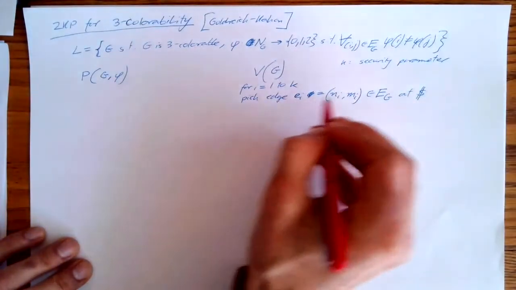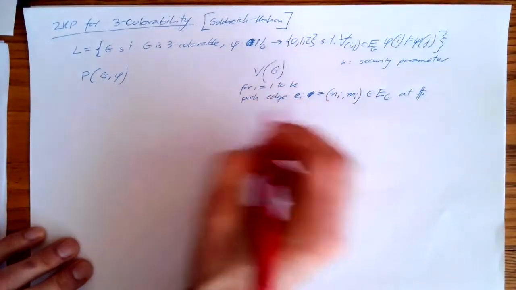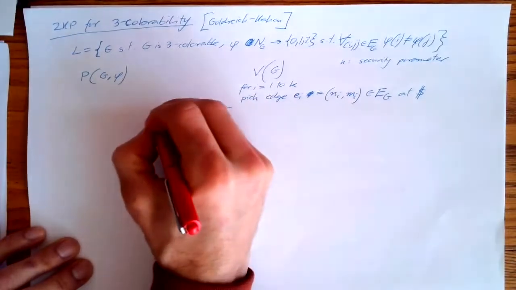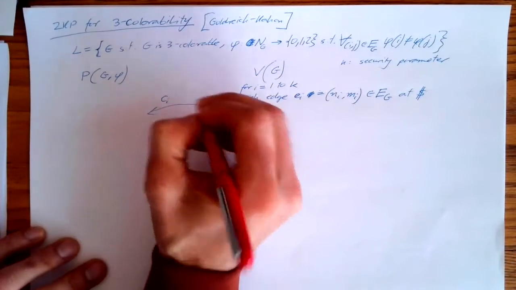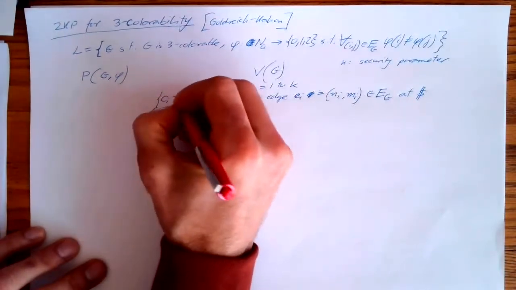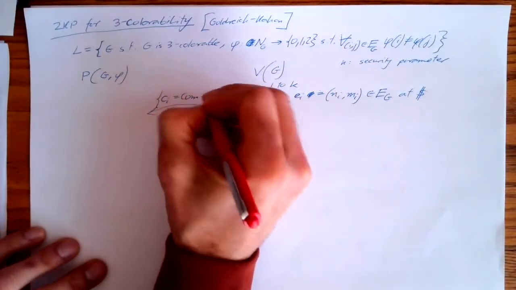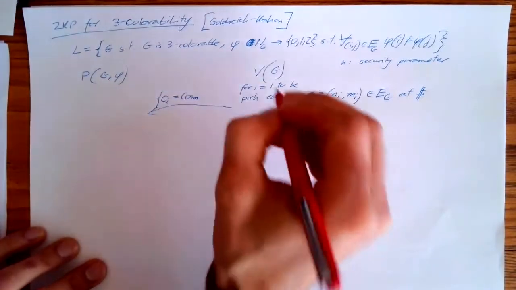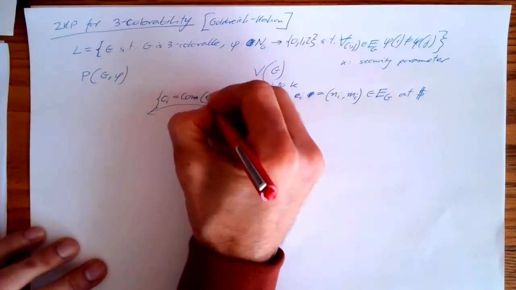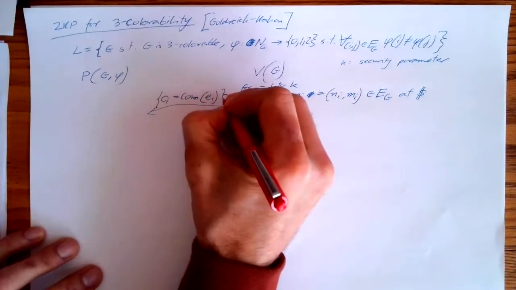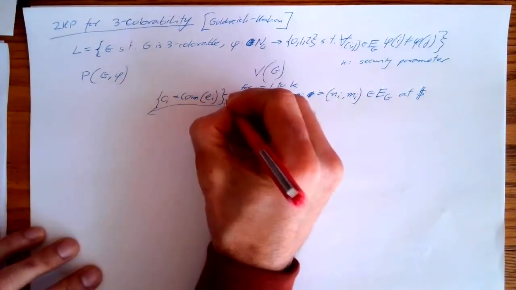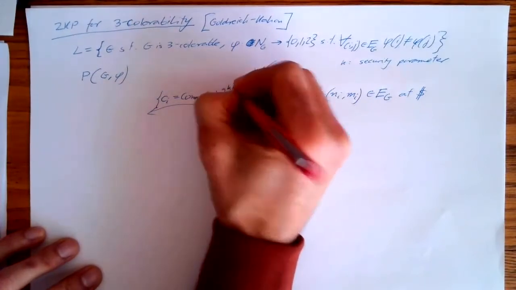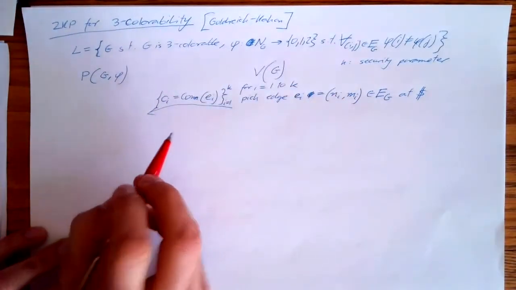Let's call this edge n_i, m_i, two nodes in the graph. You're going to pick k of such edges, and send a set c_i of commitments to these edges, where i goes from 1 to k.